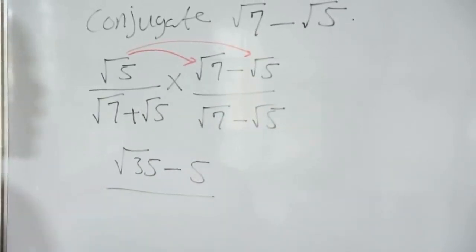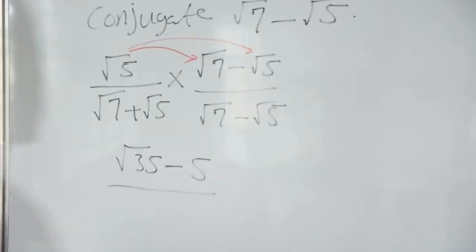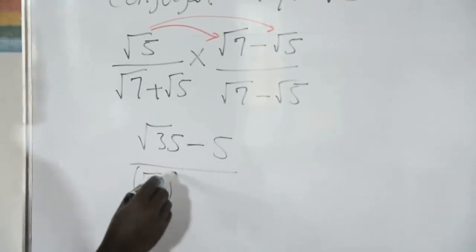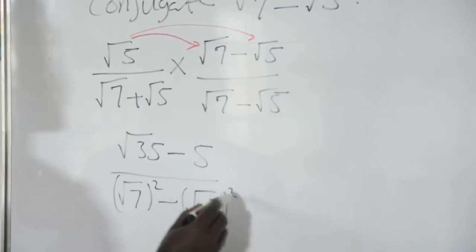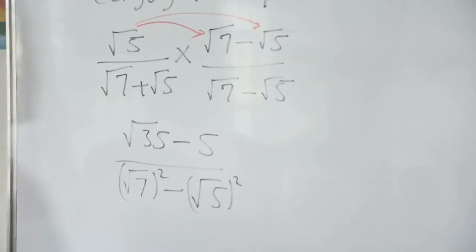Divide by. Now, using the last example I explained concerning conjugate, we will just apply the shortcut. That is, we'll have it to be root 7 squared minus root 5 squared. Instead of us to do all this long multiplication, this way we will make our work faster.